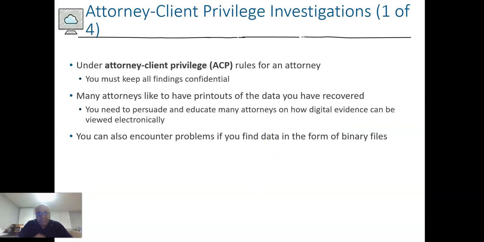Under attorney-client privilege, which is called ACP rules, you must keep all findings confidential. You cannot share with the press or any media. Many attorneys like to have a printout of the data. If you work with the court or the attorney and you find evidence, they will tell you to print it out and bring it.